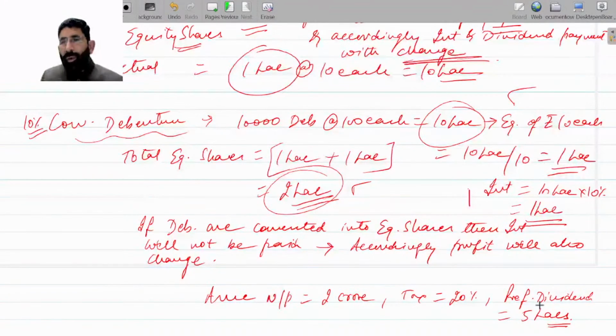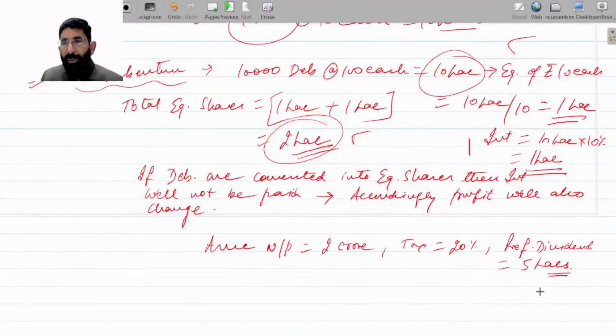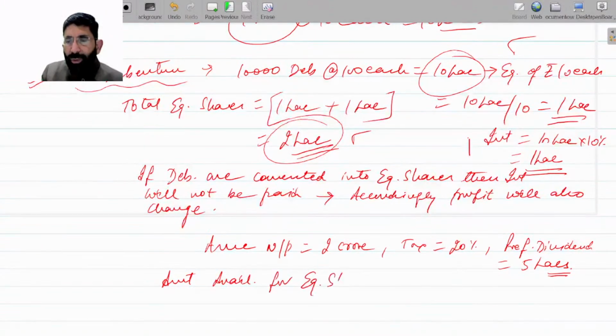Get how much amount was available earlier for equity shareholders. When you have to calculate basic EPS, first get the basic EPS.